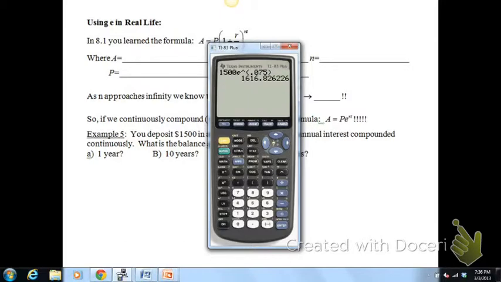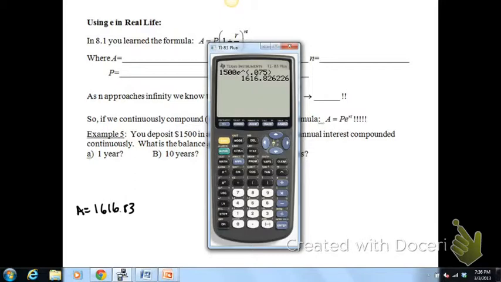So let's write that down. That would be our solution for this particular problem. We're going to have, after 1 year, an amount of $1,616.83 if we round to the nearest penny.